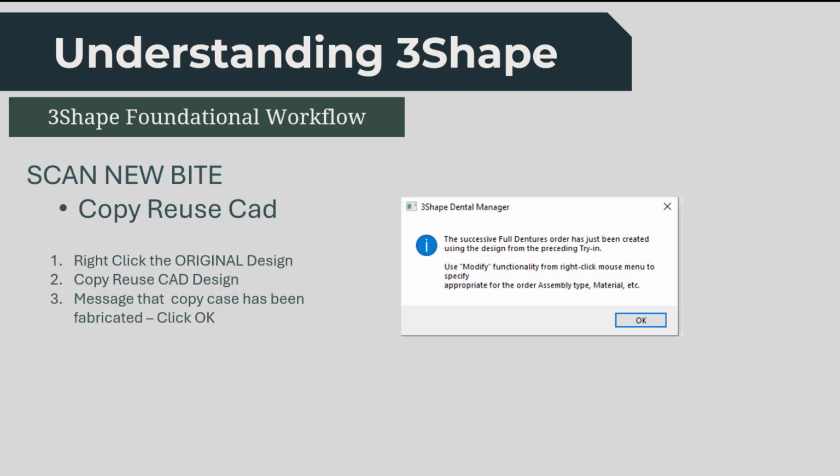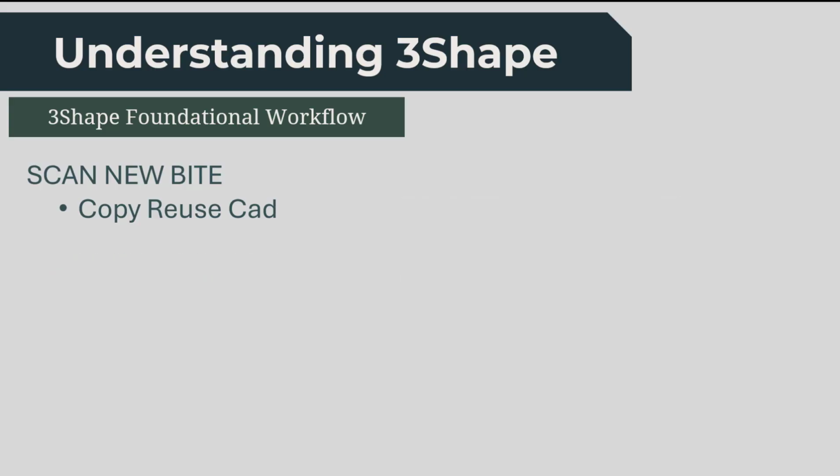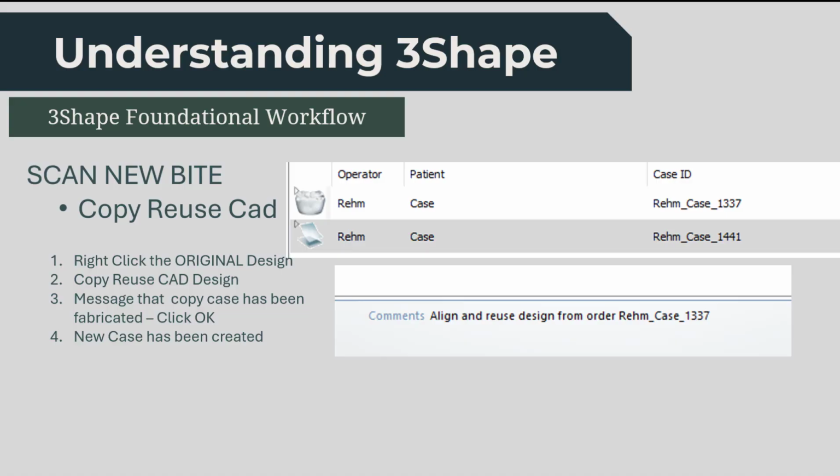It's going to give you a little warning that says the denture has been created, use the modify function. So it's actually making an entirely new file for us to work off of. When we look at that file, there are notes in the comment section. This case up here was our original, 1337, and this is the case that it created.